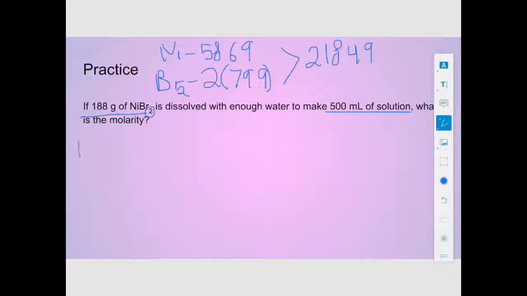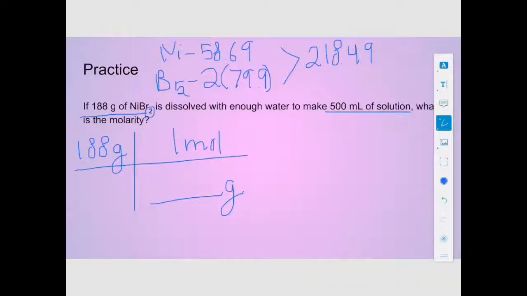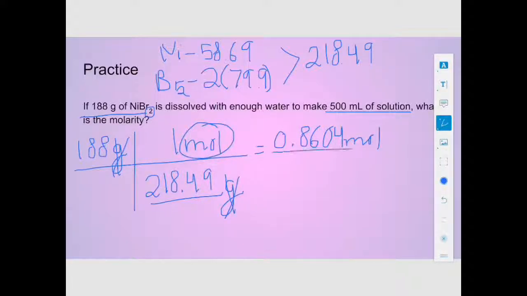Step 2 is to go ahead and go from grams, 188 of them, into moles. Blank grams on the bottom so that it will go away. 1 mole on top. 218.49 right there. So 188 times 1 divided by 218.49 is going to give us 0.8604 moles, because that's the unit we'll be left with right here, divided by 500 mils.